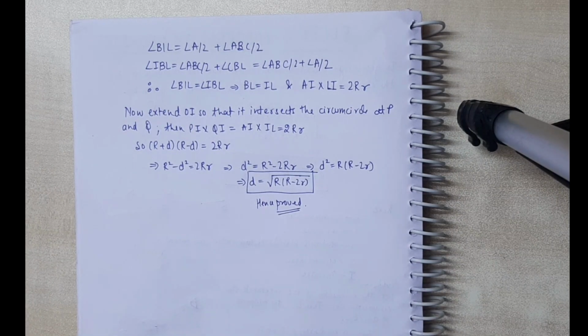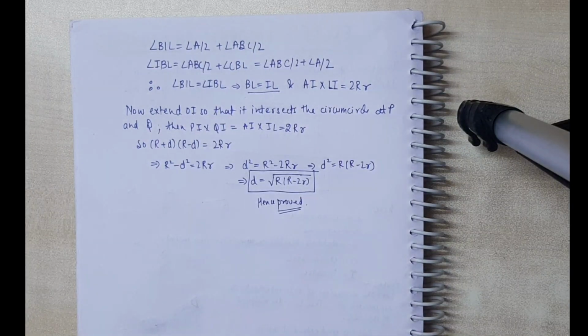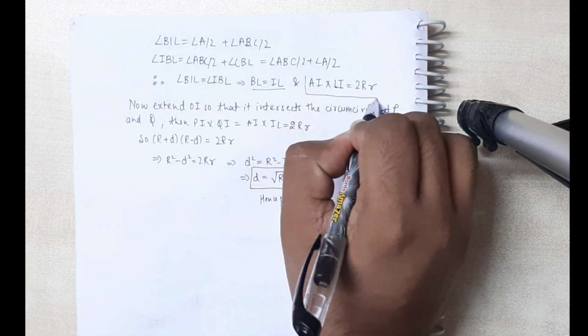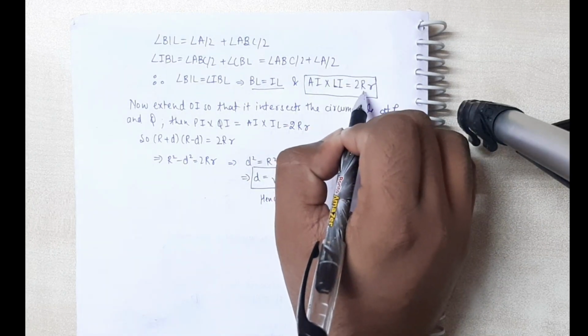Now, since in the previous expression we wrote AI into BL was equal to twice the circumradius into the inradius, we can now replace BL by IL because they are equal.